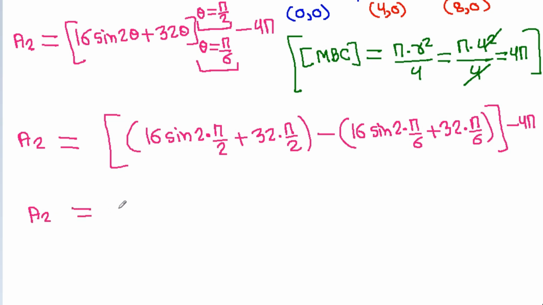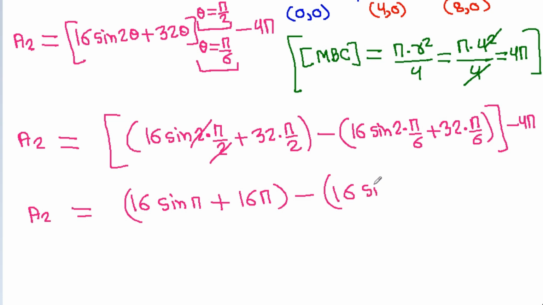And A2 is equal to 16, the 2 will get cancelled, so it is sin pi plus 32 by 2, which will be 16 pi, minus, 16 sin pi by 3 plus 32 by 6, which will be 16 by 3 pi, minus 4 pi.